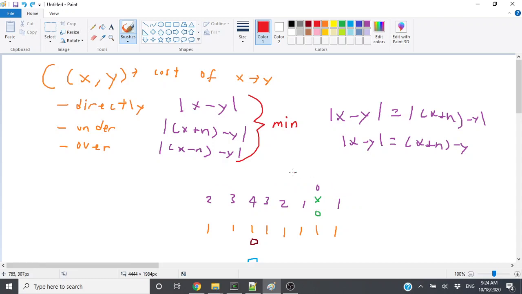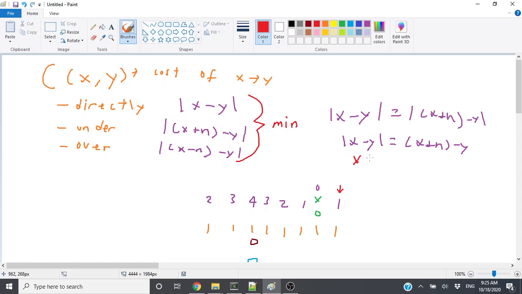Okay, but the only reason we would need to shift by n to the right is if we're not already enough to the right. Say we were to the right of x, why would we ever need to go more to the right? We wouldn't. So we only use this value when the y we're considering is less than x.